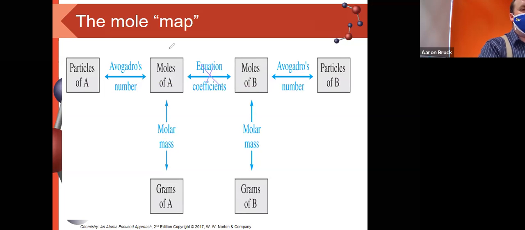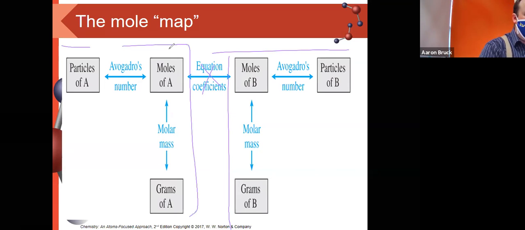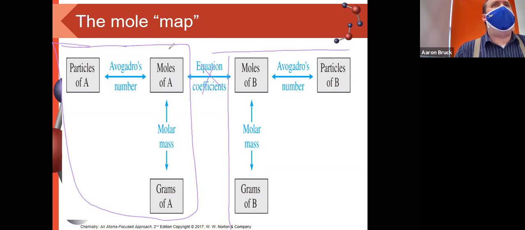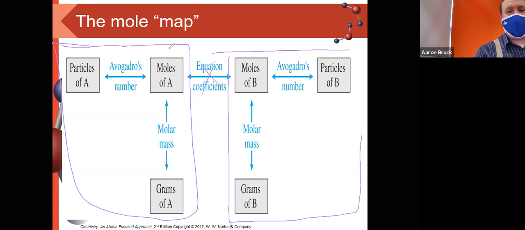We didn't have this back end, but we definitely had this part of the map where we could interconvert between mass, moles, and particles. And really all that is different here is now we have 2 of those maps. Again, mass, moles, particles, mass, moles, particles.